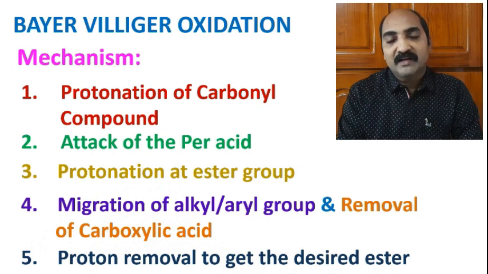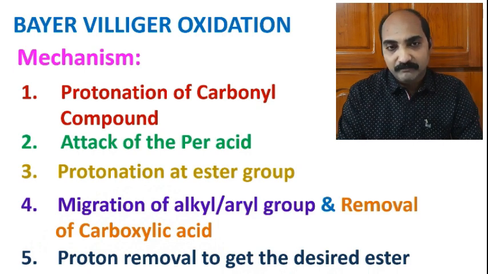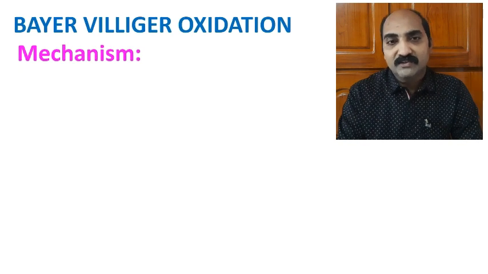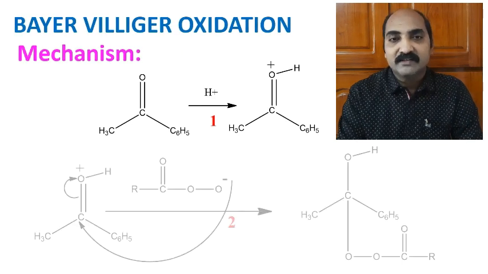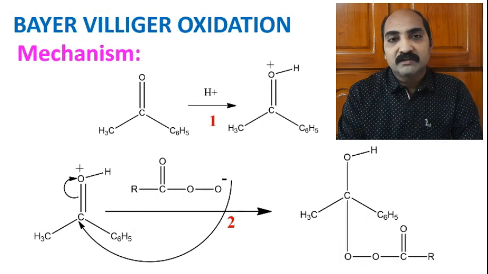Let us look at the mechanism step by step. The overall mechanism of Baeyer-Villiger oxidation involves several stages. In the first stage, protonation of the carbonyl compound occurs. In the second stage, the protonated carbonyl compound is attacked by the peracid.